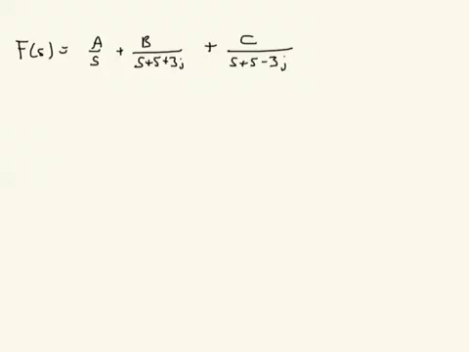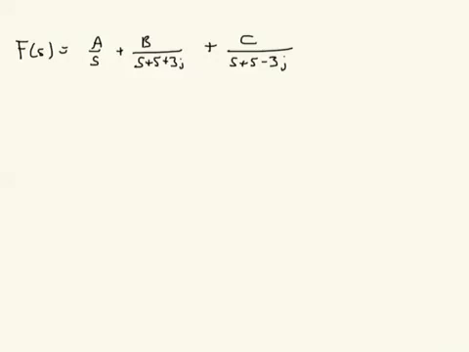Okay, so F of s, now we can rewrite, is A over s plus B over s plus 5 minus 3j. Oh, sorry, s plus 5 plus 3j, plus C over s plus 5 minus 3j.